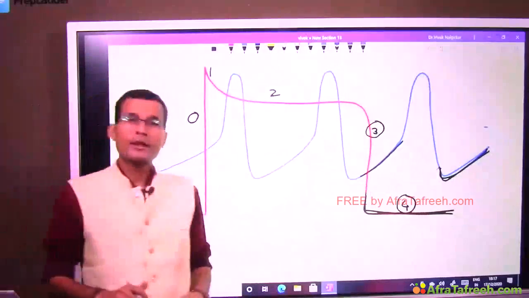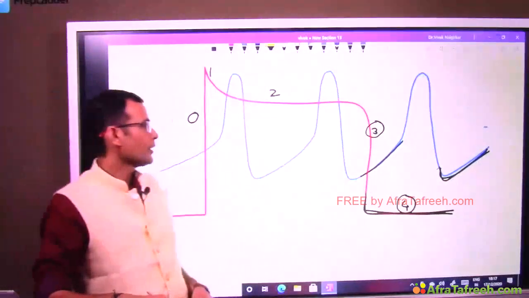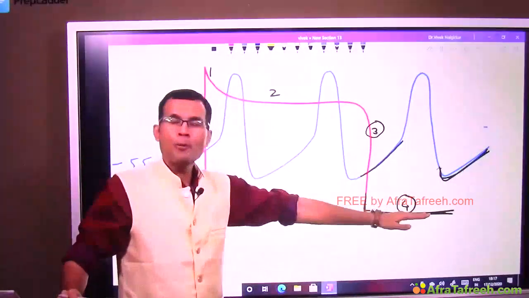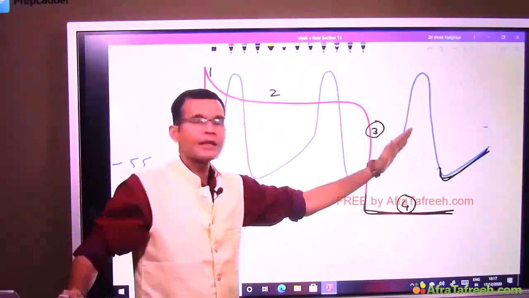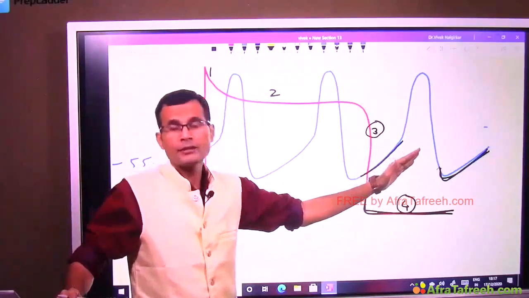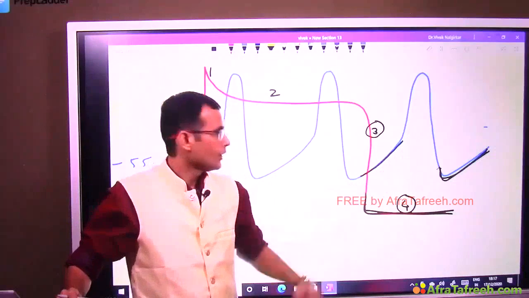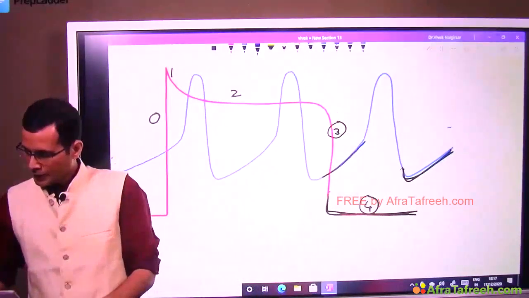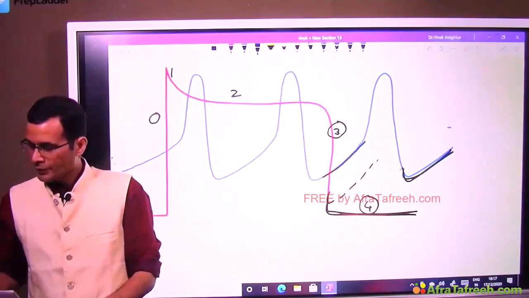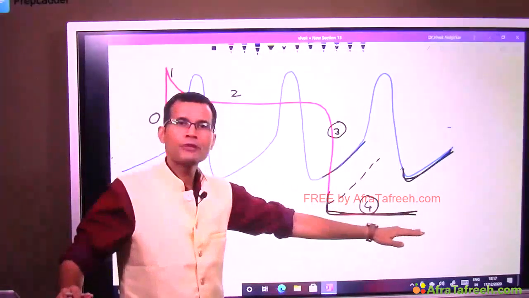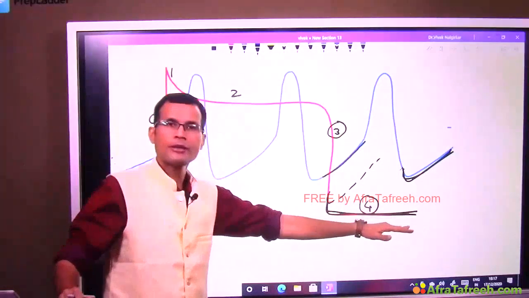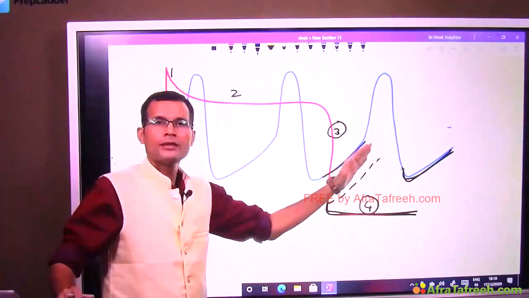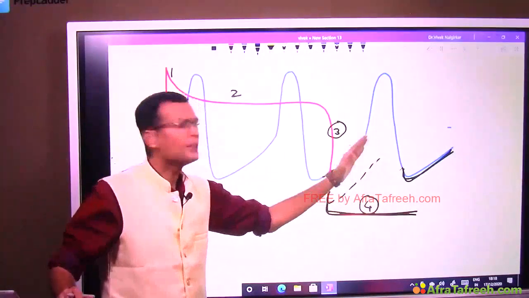Okay, but that's not all. Under certain circumstances, the slope of phase 4 can increase in the Purkinje fiber as well. Look, this is the slope of phase 4 normally in the Purkinje fiber. Under certain circumstances, this can happen: the slope will increase.